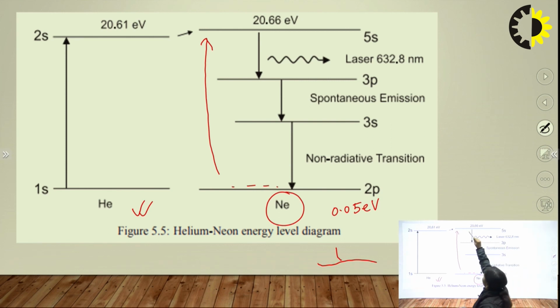The number of atoms in this higher energy state for the neon starts increasing, because by themselves they are also moving, and they are moving with the help of helium also. Therefore, the number of atoms in this higher energy state starts increasing, and slowly this energy state is highly occupied.